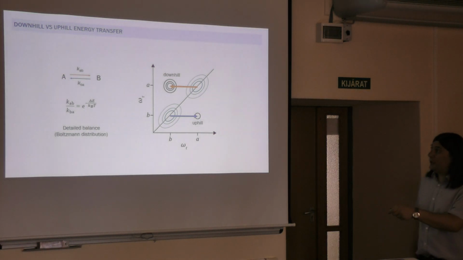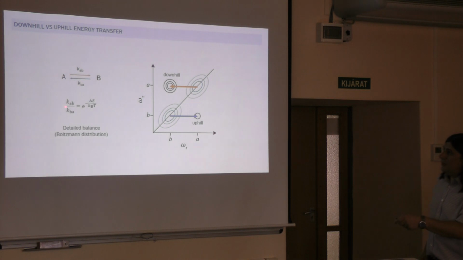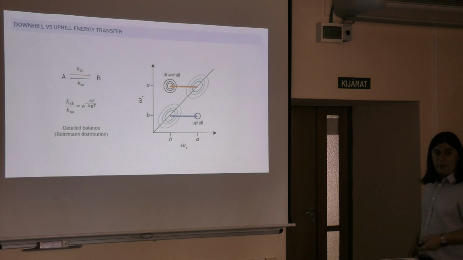Now, if you have energy transfer, you have what's called the detailed balance. From the Boltzmann distribution, there must be a relationship between the ratio of the forward and backward rate constants and the temperature. If you have enough vibrational energy, thermal energy, even if that state is lower in energy, the system can go back to the higher energy state.